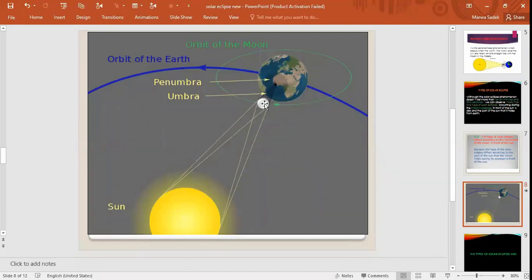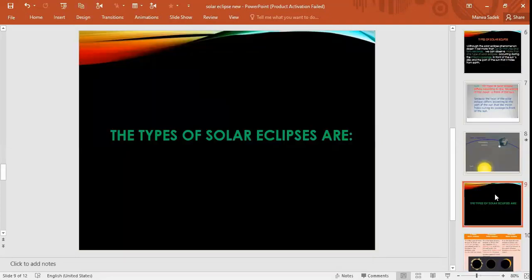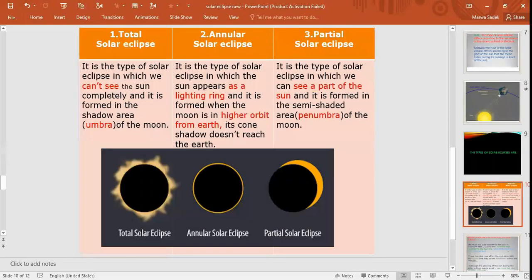The moon has two shadow areas, umbra and penumbra. Umbra is called shadow area, but penumbra is a semi-shadow area. We have 3 types of solar eclipse. What are they?